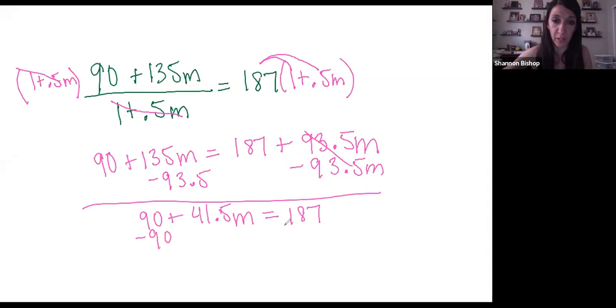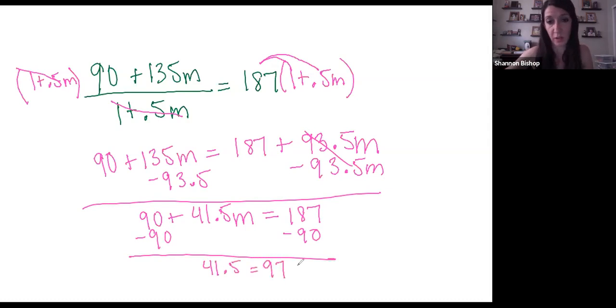Okay, cruising right along. Minus 90 from both sides. So we are at 41.5m is equal to, what is that, 97? And then divide by 41.5. I keep losing my M. Guys, don't lose your M. I keep forgetting to write my M. Divide by 41.5 on both sides, and 97 divided by 41.5 is 2.337.